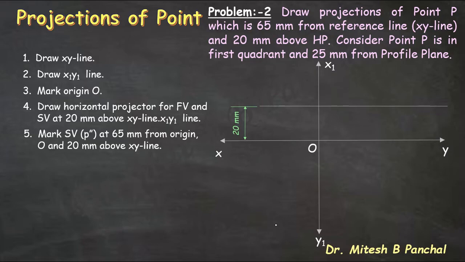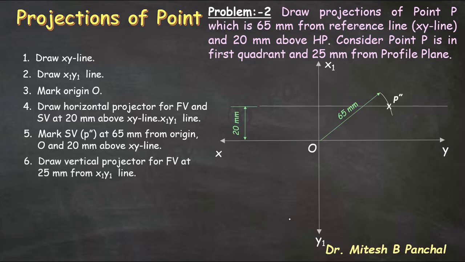So the side view of point P is 20 mm above HP or above XY, meaning on this horizontal projector, and from origin it is 65 mm. So keeping origin O as a center and taking an arc of radius 65 mm, we will get the side view, that is P double dash.